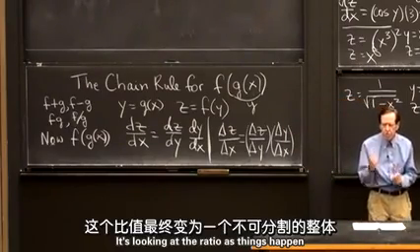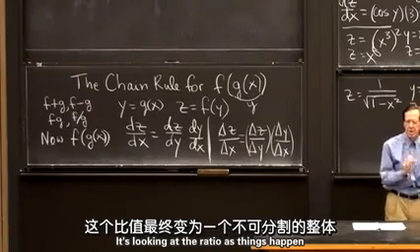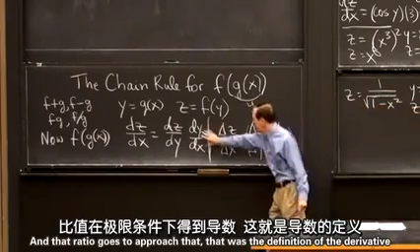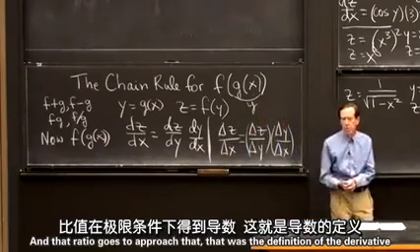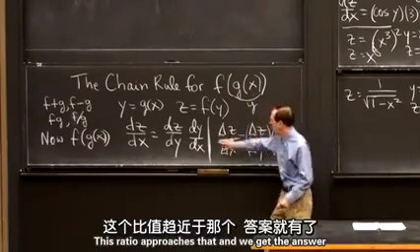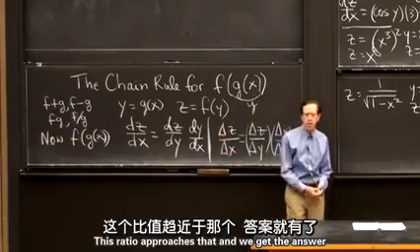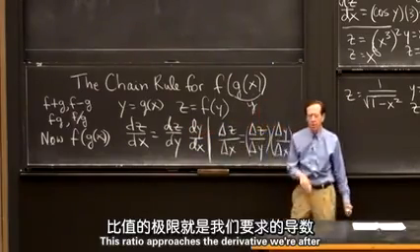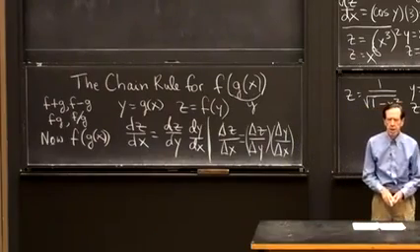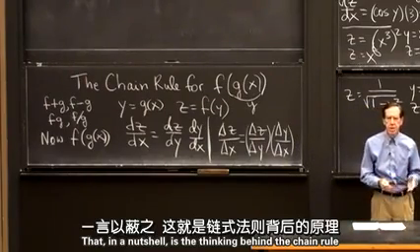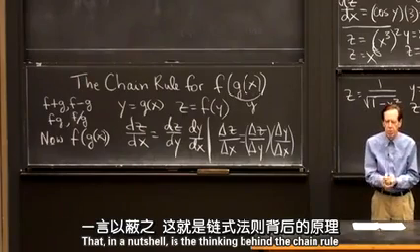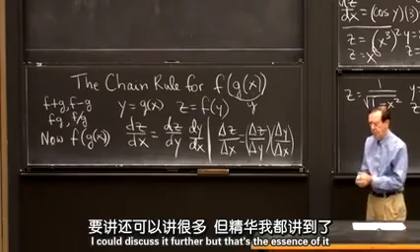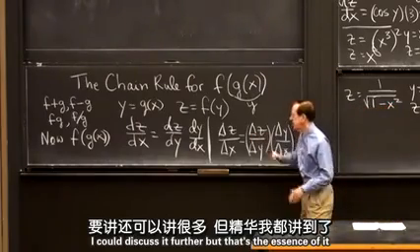It's looking at the ratio as things happen. And that ratio does approach that. That was the definition of the derivative. This ratio approaches the derivative we're after. That, in a nutshell, is the thinking behind the chain rule. I could discuss it further, but that's the essence of it.